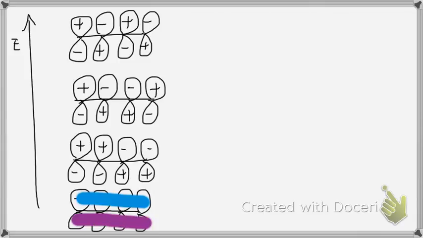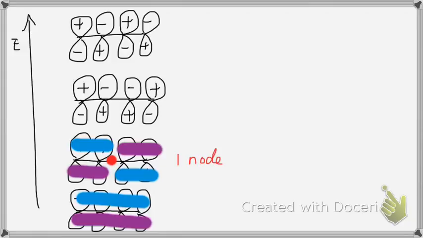So the positive signs are all on the same side for the lowest energy orbital. There is no node. The second lowest energy orbital will have one node in the middle.